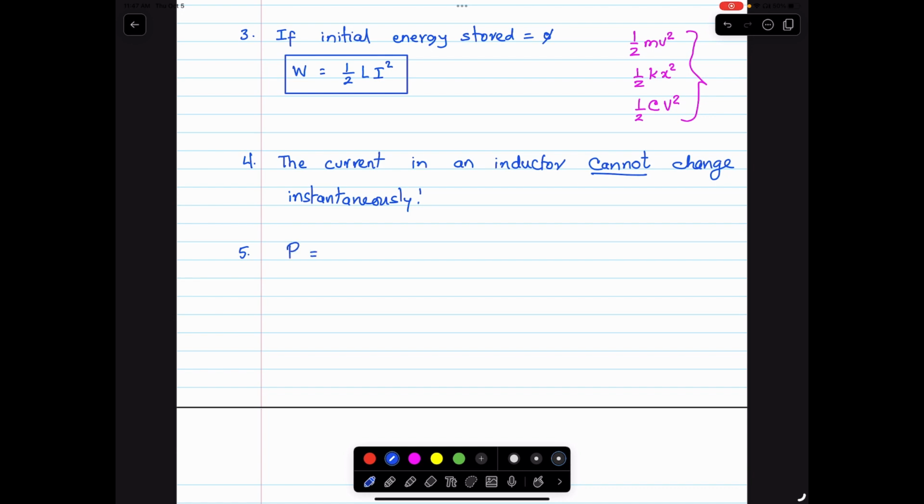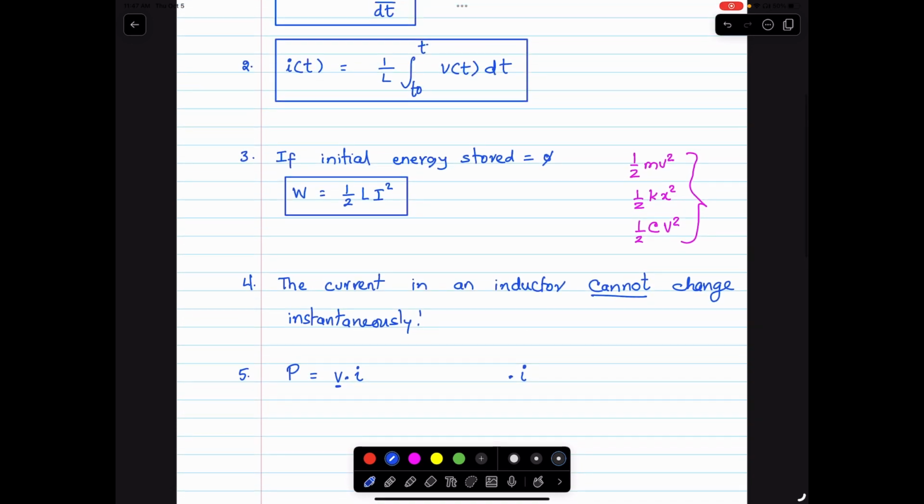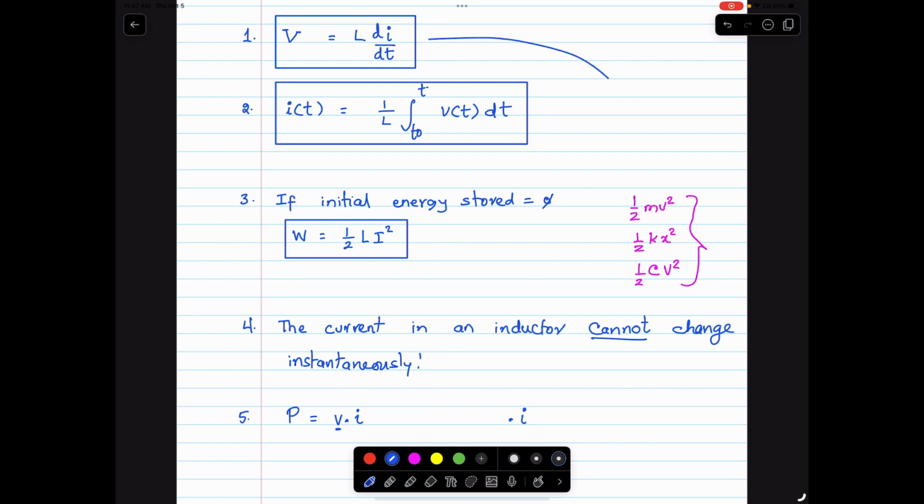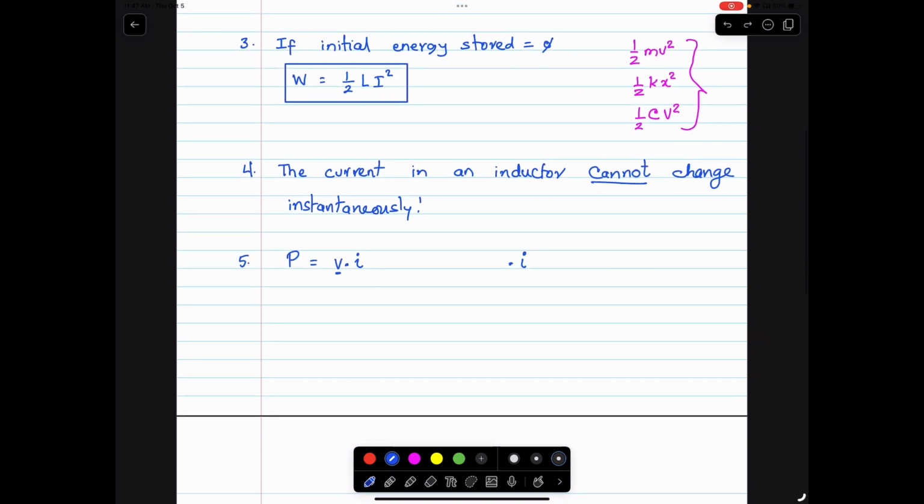Now, the fifth and equally important relationship is about the power. We know the power is always the voltage times current. So the power in an inductor is the current multiplied by the voltage, which I know from equation 1 can be written as L di by dt.